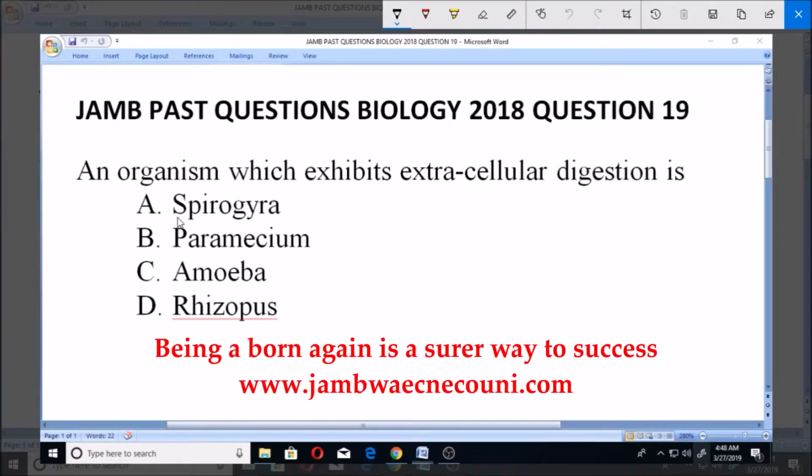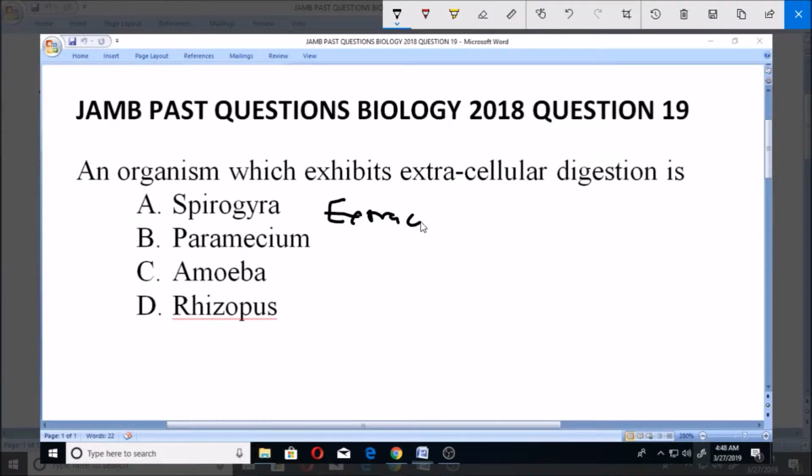Now, for us to understand this and put it in context, we need to first of all know what extracellular digestion is, so that we can know which of the organisms have it as a characteristic.